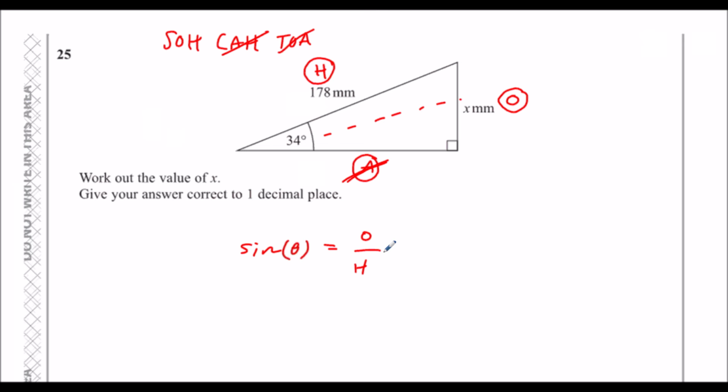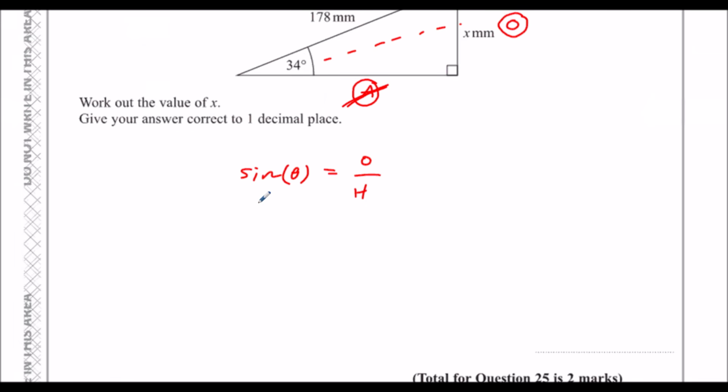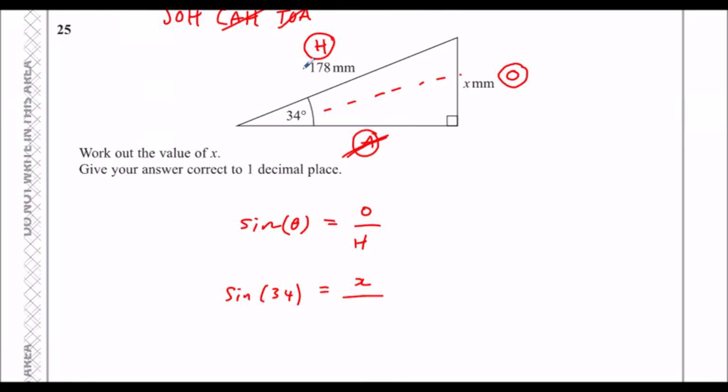It doesn't matter which way you use as long as you're comfortable using it. So let's substitute in. So sine of the angle, which is 34. So I've got sine 34 equals O, which is x, over H, which is 178.